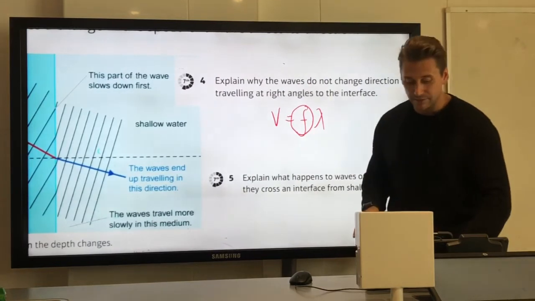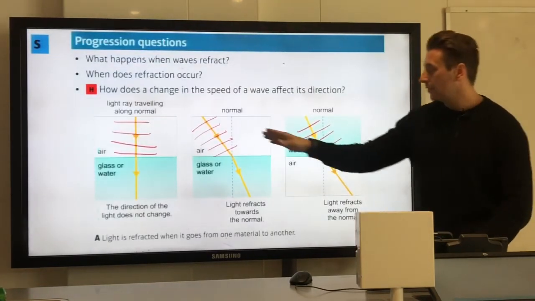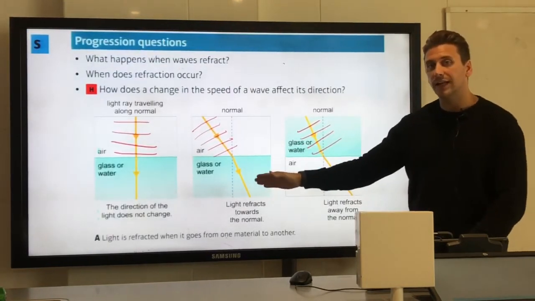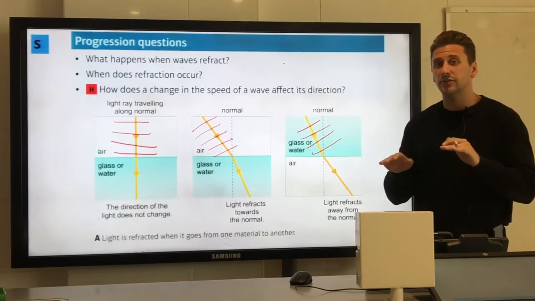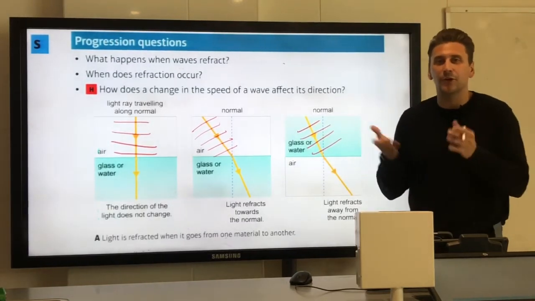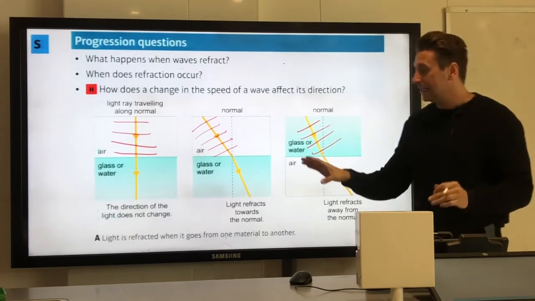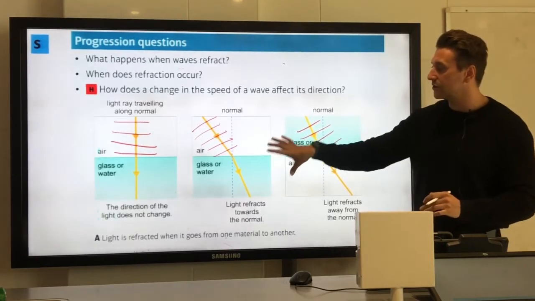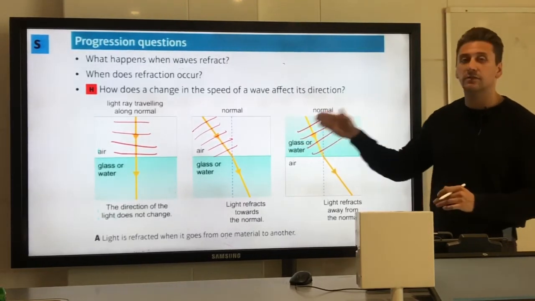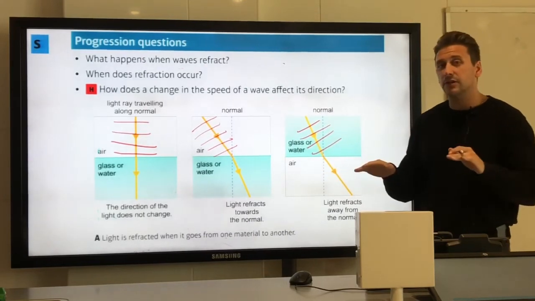It's exactly the same for light. When they slow down in the water or the glass, the frequency remains constant. The frequency of light is the color, and the color doesn't change if it changes its speed. So the frequency of light remains constant inside the glass. When it changes from one medium to another, the frequency does not change.